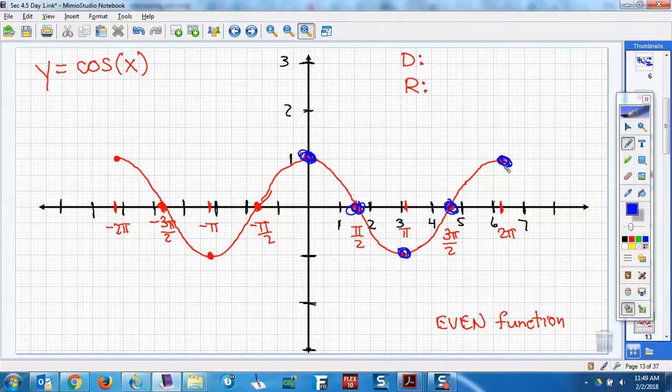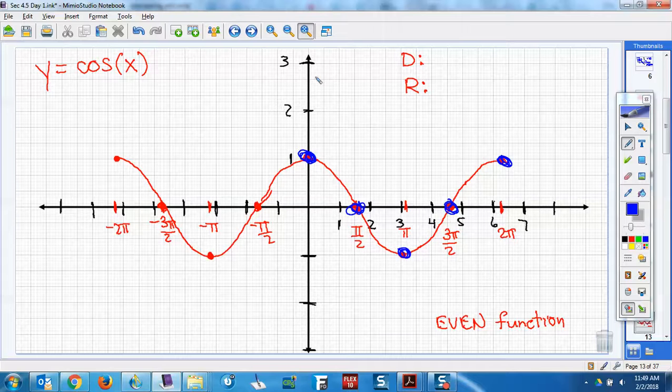These 2 points in here are right in the middle of the 2 peaks. That'll never change, right? As we move this graph up and down and stretch it and do all kinds of things to it, these 5 points will always be there. You'll have your peaks, and then you'll have your points that are in the middle of the peaks. And those are always like your quadrant ones, okay? So again, the red numbers are kind of the ones we want.